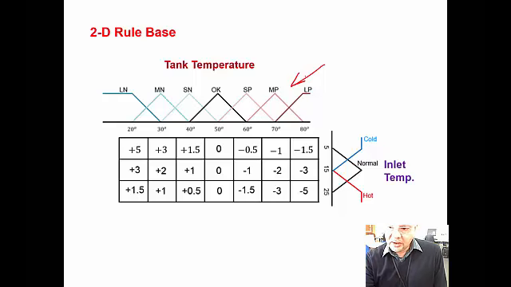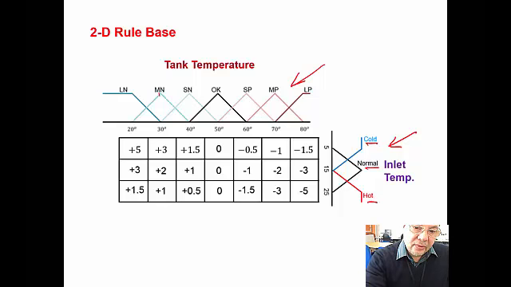Now we have the inlet temperature, and we divided the range into cold, normal, and hot. Just to explain, the center of medium negative is there. 30 degrees is 100% in the medium negative. Similarly, OK is exactly 50. Medium positive is exactly 70.